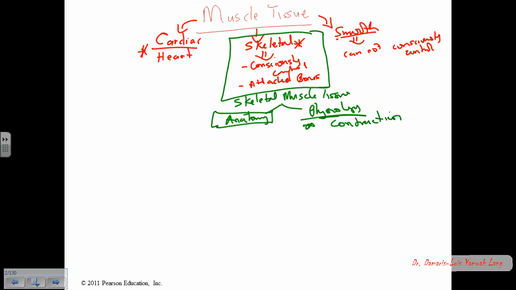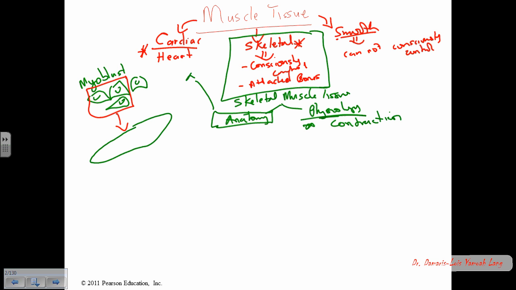As I had mentioned earlier, there are these cells called myoblast cells, and these myoblast cells tend to fuse together. Let's say three of these myoblast cells had fused together to form the muscle fiber.